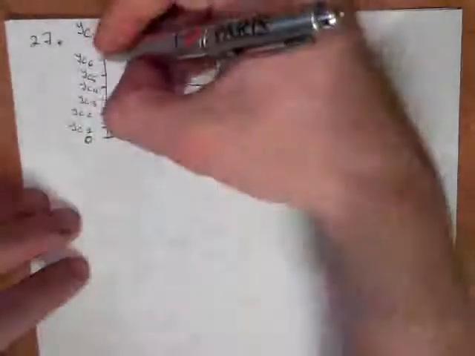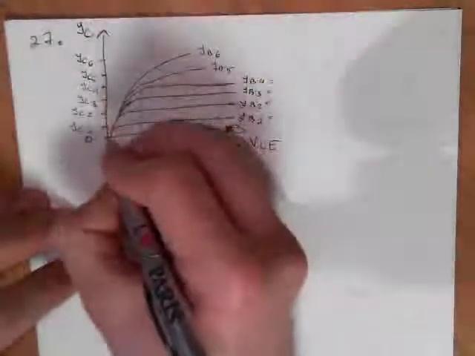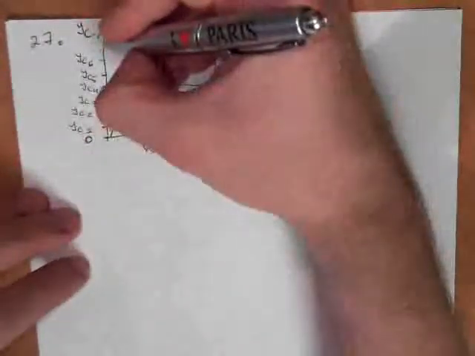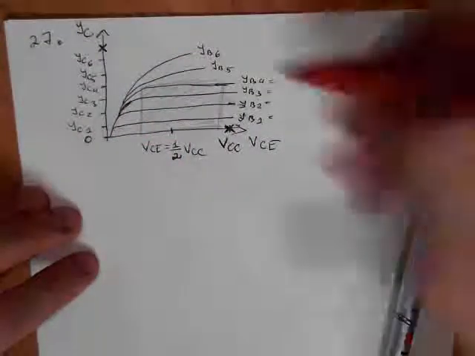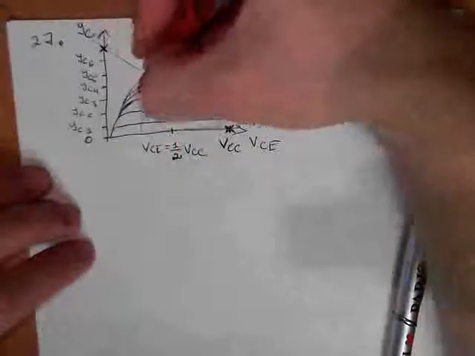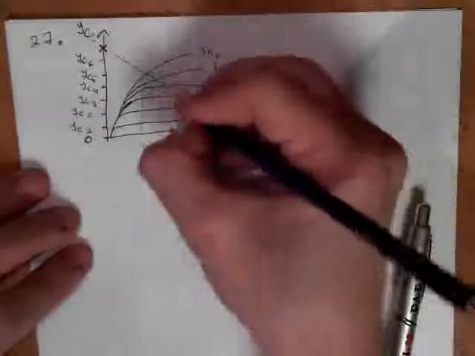At VCE equal to 0 and IC max, we mark an X here also, some kind of maximum value, and we draw a straight line.